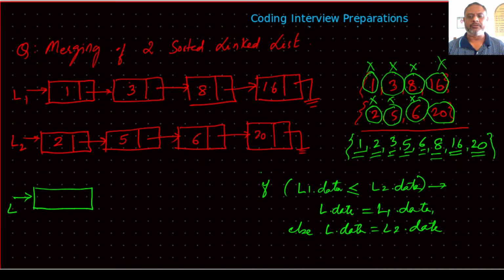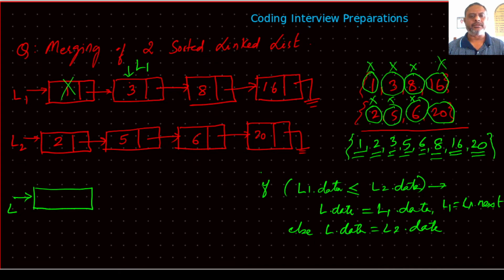So we need to do two actions. One, shift L1: L1 becomes L1's next, and then delete this node. Now this will be called L1, and this is still L2.